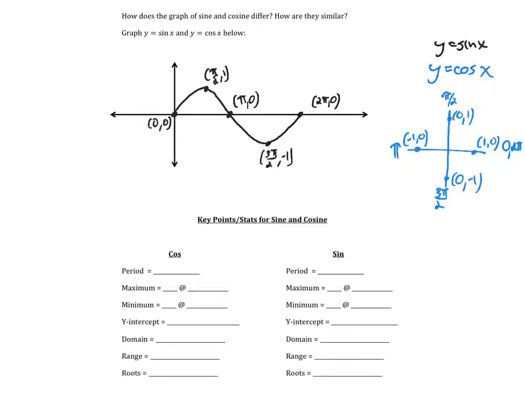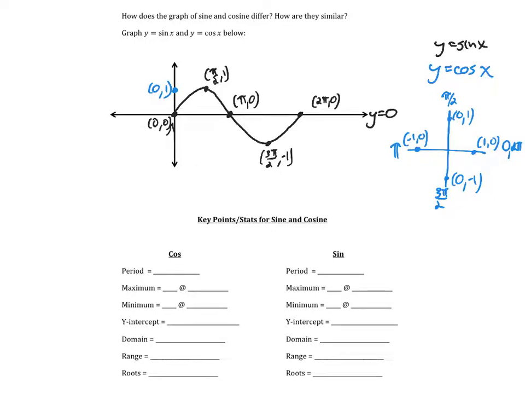Well, what is cosine at 0 radians? Cosine at 0 radians is actually 1. So my cosine point starts up here at 0, 1. And one thing I should have done at the beginning was labeling my midline. Notice that sine starts on your midline.